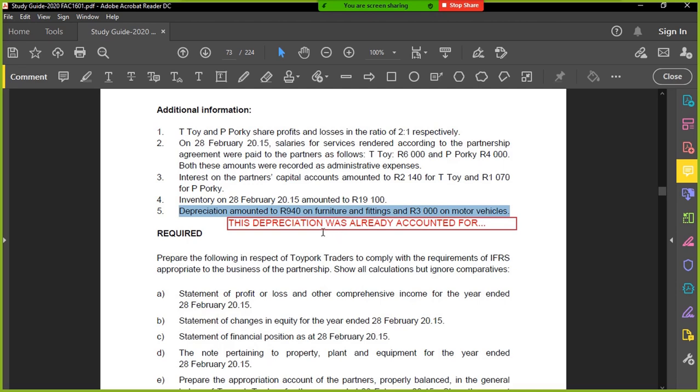Tell me that you've already recorded this. Don't make me guess whether you have included or you haven't included, and whether I should include or shouldn't. Does that make sense? Yeah. So I would suggest they improve this. They should tell the students that this is already accounted for.